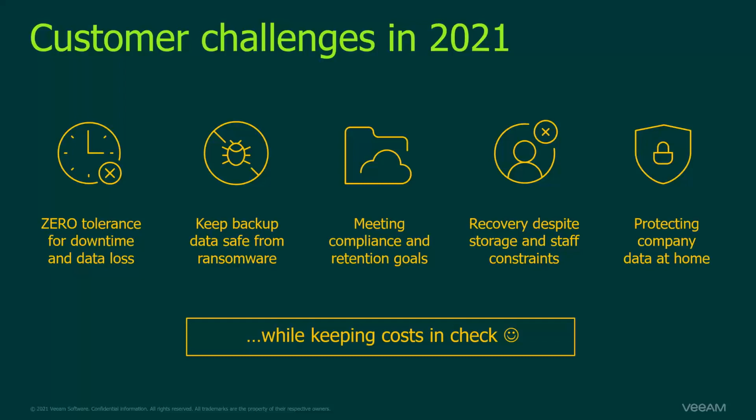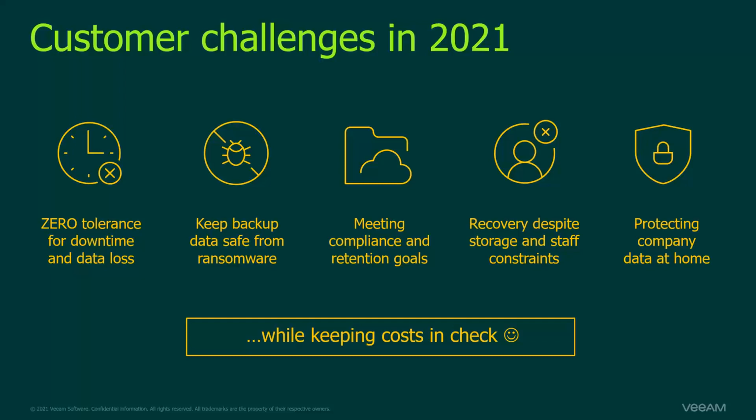Zero tolerance for downtime and data loss is one of the key challenges customers are facing, and helping them solve challenges has always been a key driver for our R&D team. And with the release of version 11, we took it down to zero tolerance for downtime and data loss.